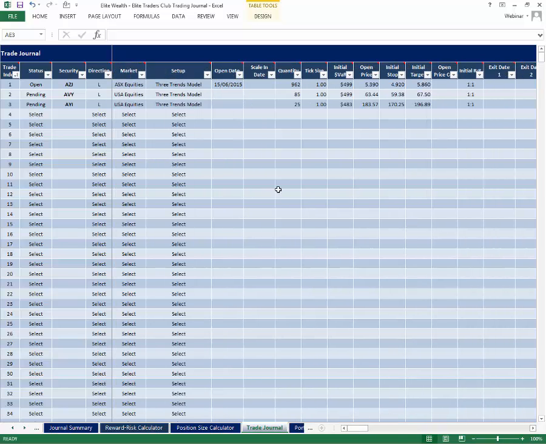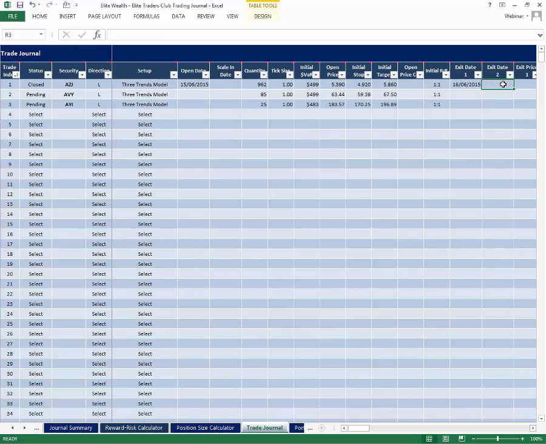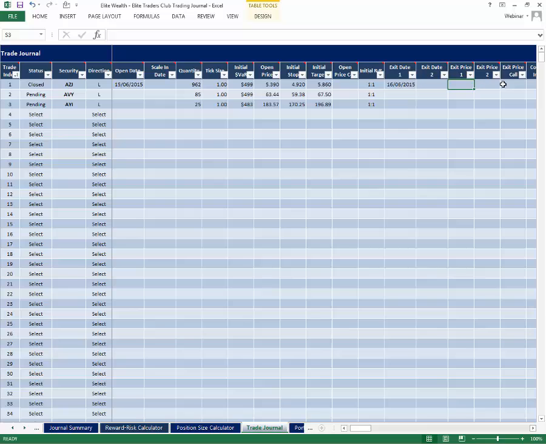Trade's gone nicely. We've just exited, so we change this now to closed. Our exit date, let's say it's the 16th of June. It was a very fast trade. And the exit price was $6.27.